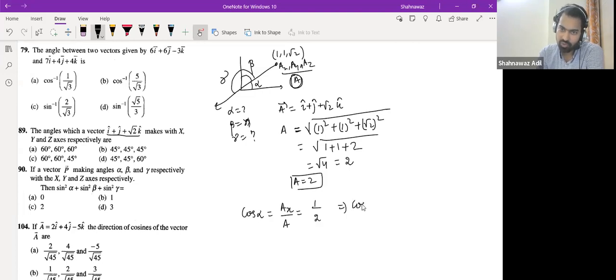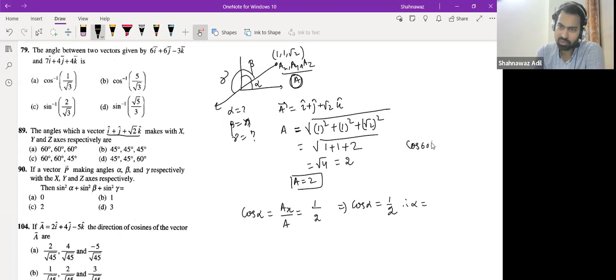So for what angle theta is cos theta half?